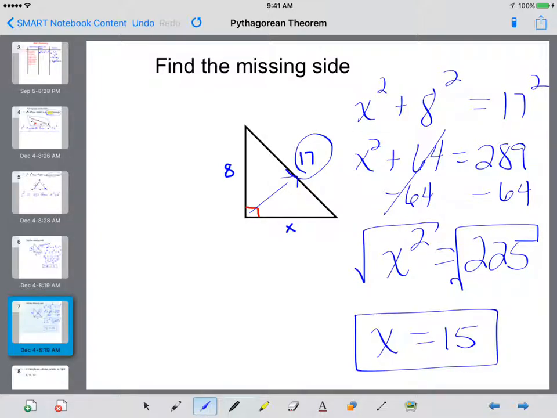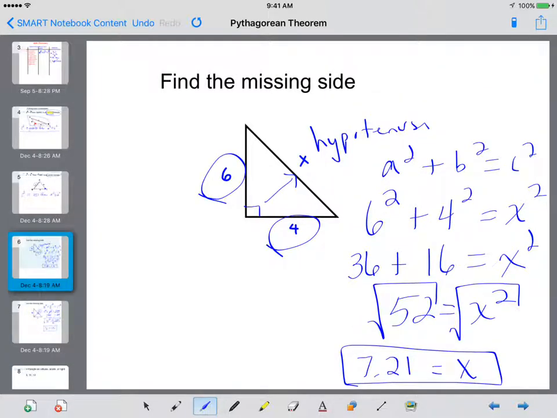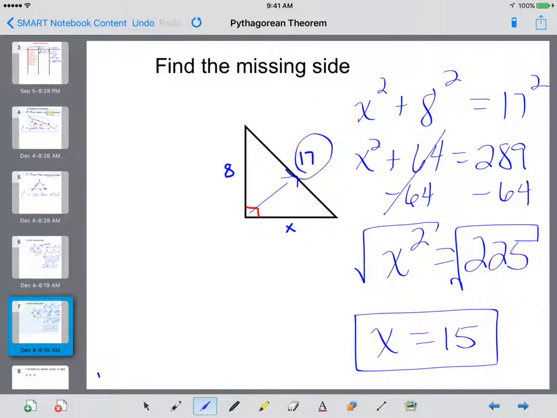So here's the two examples. When you are given A and B and you're trying to find C, you're going to square the numbers and add them together. When you're given the hypotenuse of 17 here, you're going to square that number and subtract it with the square of this number in order to help solve.